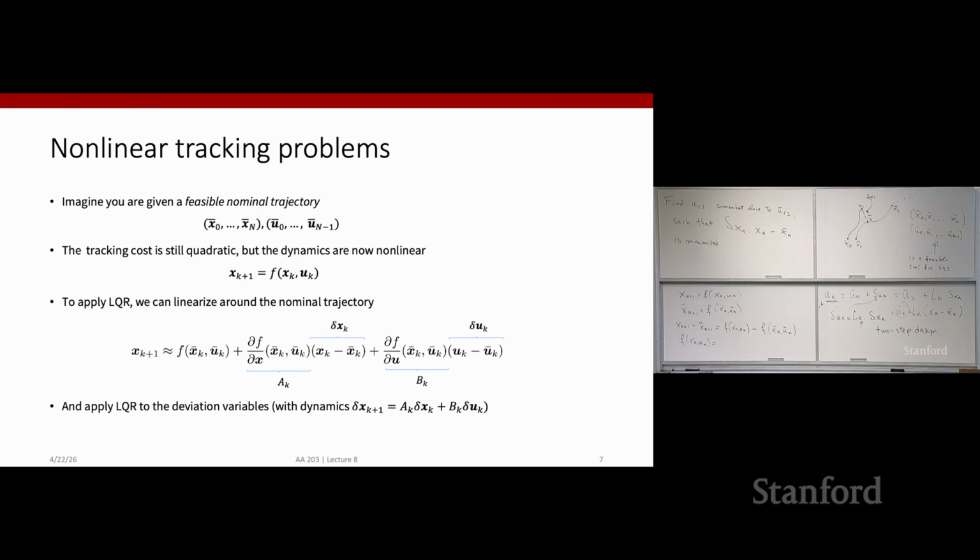Let's do a Taylor expansion whereby we approximate f around its argument x and u, evaluated at x bar and u bar. So if you do so, then we can write f of x, u as f of x bar_k, comma u bar_k, plus the gradient of f with respect to x times x_k minus x bar_k, plus the gradient of f with respect to u multiplied by u_k minus u bar_k. Jacobians, yeah.